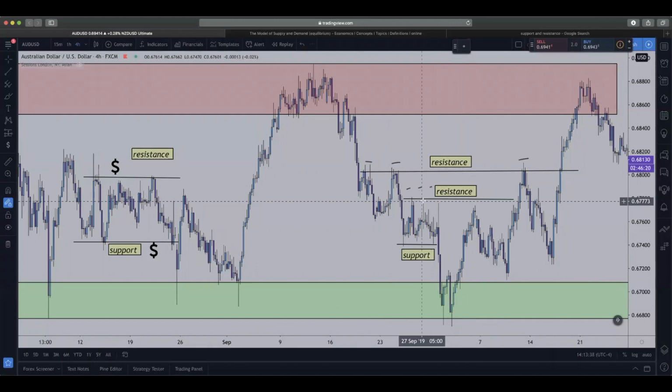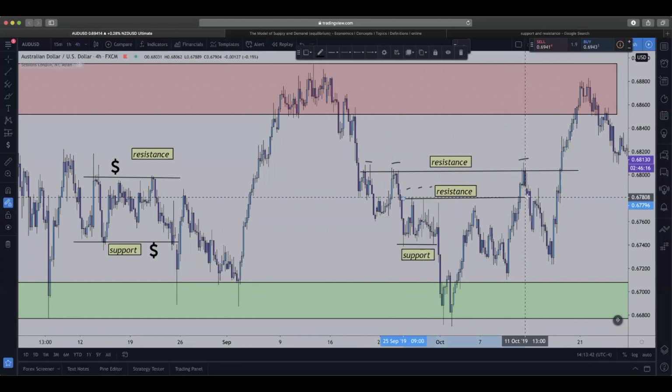Now we have resistance here, right? So again, retail traders are seeing these equal highs, keeping the stop loss near this resistance, and their stop loss gets hit, then goes their intended direction.